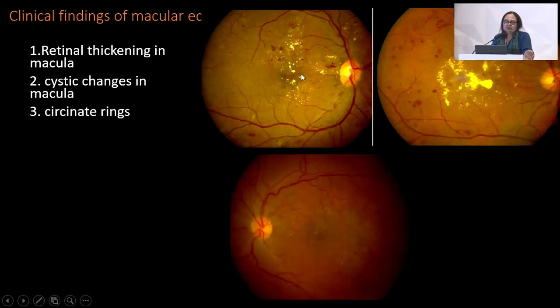Like you see some grayish things in the center, you see the hard exudates. The moment you see the hard exudates sitting in the form of circinate rings, there is going to be retinal thickening, whether you have OCT or stereoptic vision or not, but you assume and you think that there is macular edema.